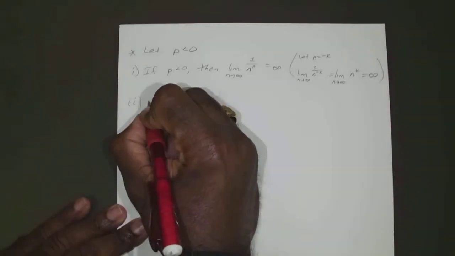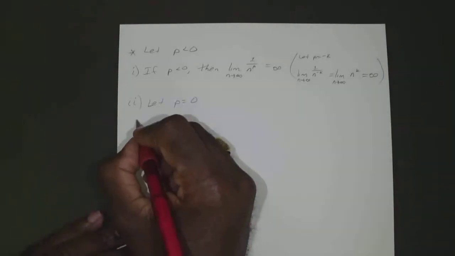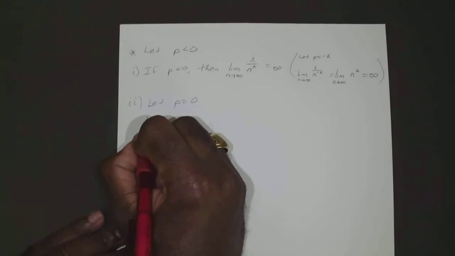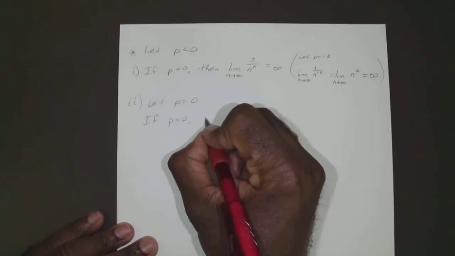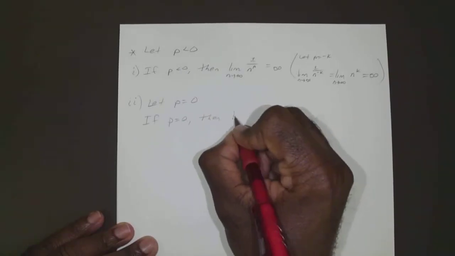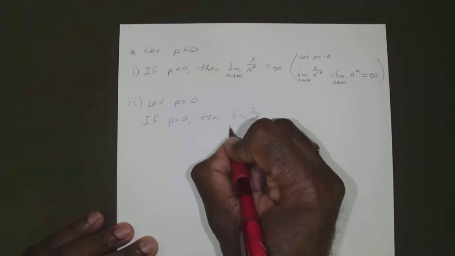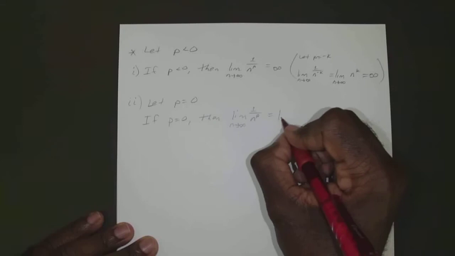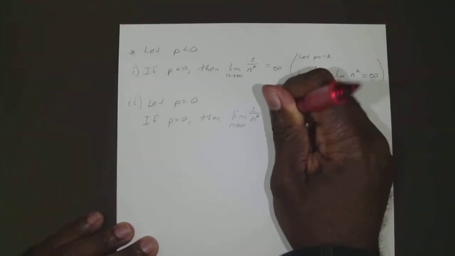Okay, so second, we're going to let p equal 0. Well, not really, but we're going to prove it anyway. If p equals 0, then the limit of 1 over n to the p as n approaches infinity is just 1 over n to the 0.